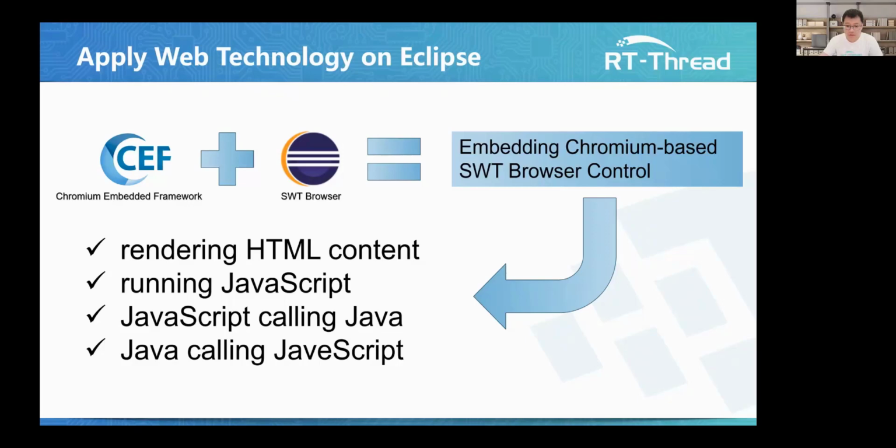Through this control, JavaScript and Java can be called in both directions. We first applied this method to the implementation of the RT-Thread Settings configuration system. This function was implemented with the SWT graphic libraries before, and now it is re-implemented with web technology. Let's take a look at the difference in effect.